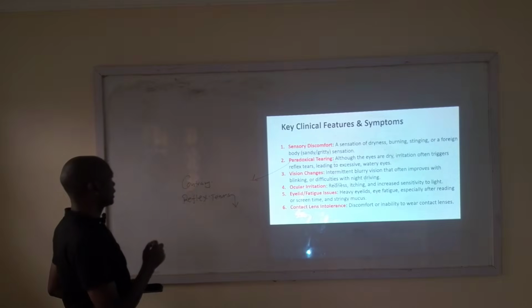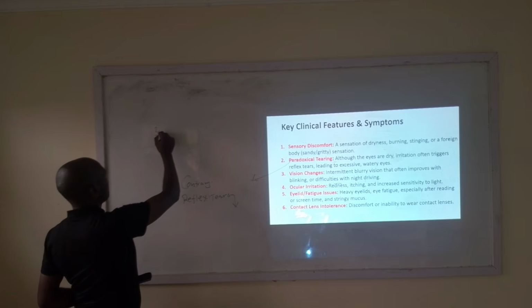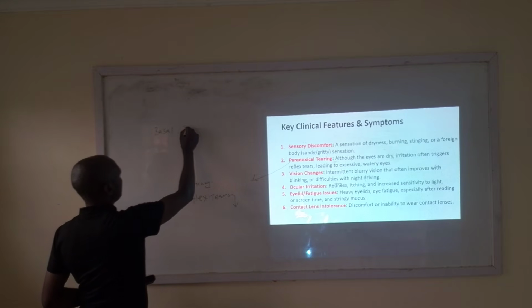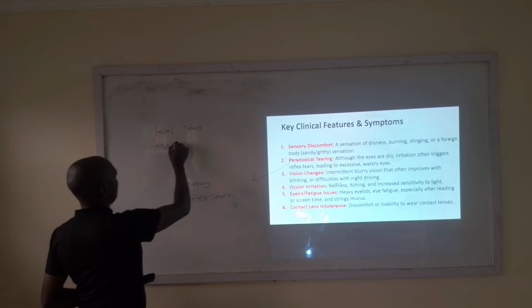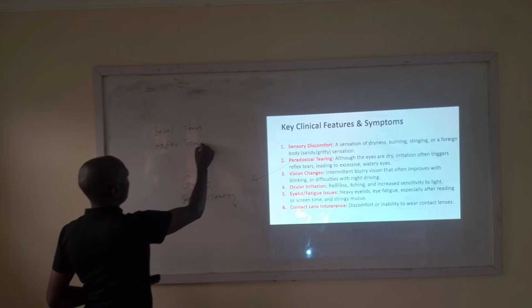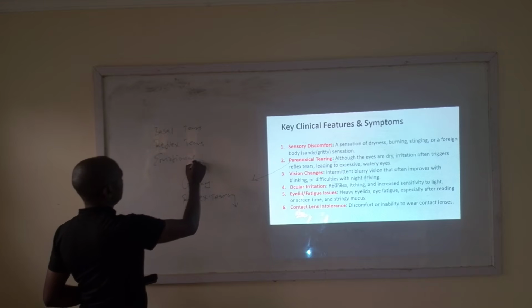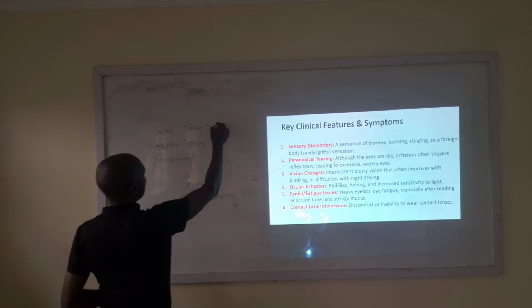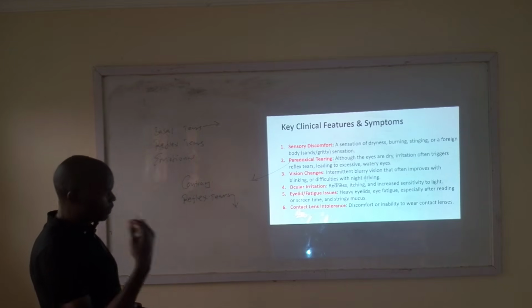When you look at the types of tears, we talked of basal tears, reflex tears, and then emotional tears. Basal is what is supposed to be produced normally, but reflex is due to a trigger.